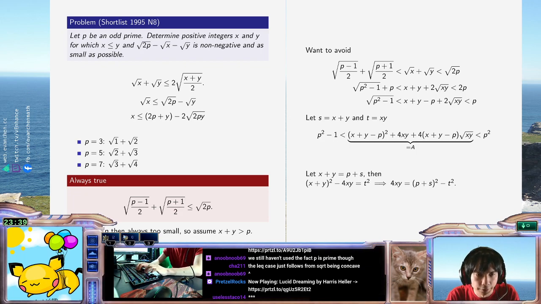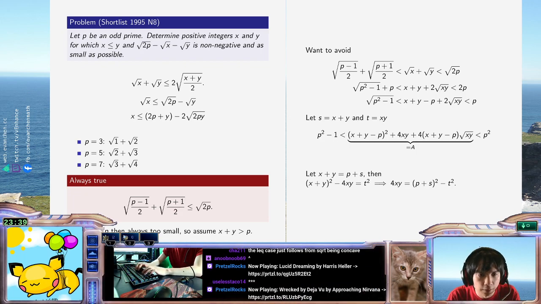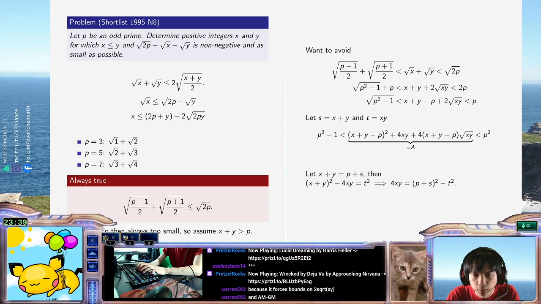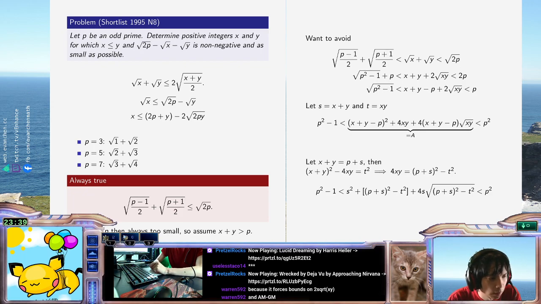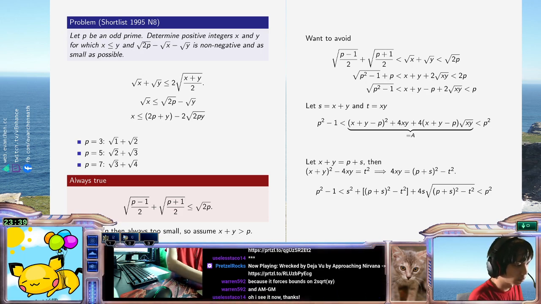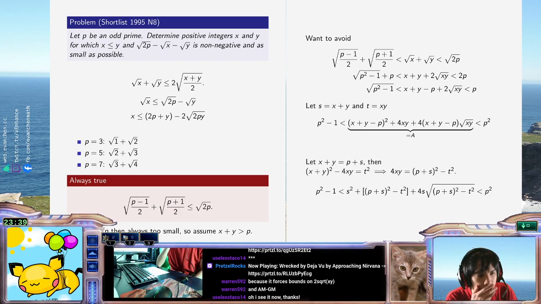Okay, so then I can rewrite this. P squared minus 1 is somehow between s squared and 4. How did that get censored?